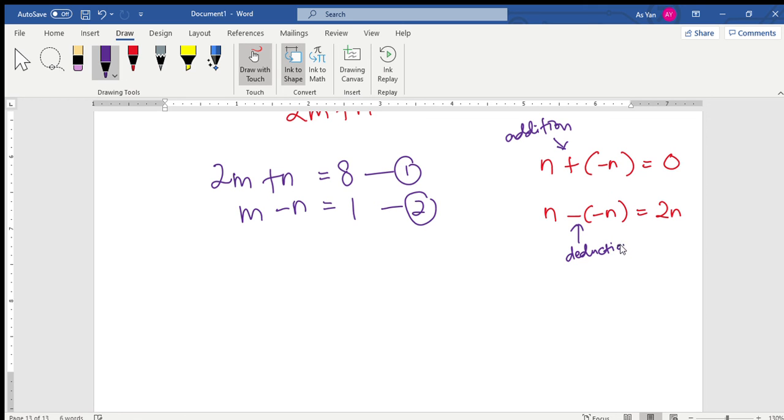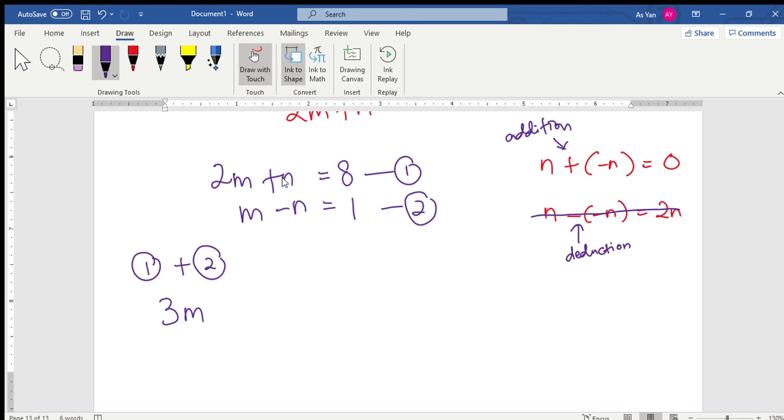So we choose the addition, that means equation number 1 plus equation number 2. 2m plus m equals 3m.